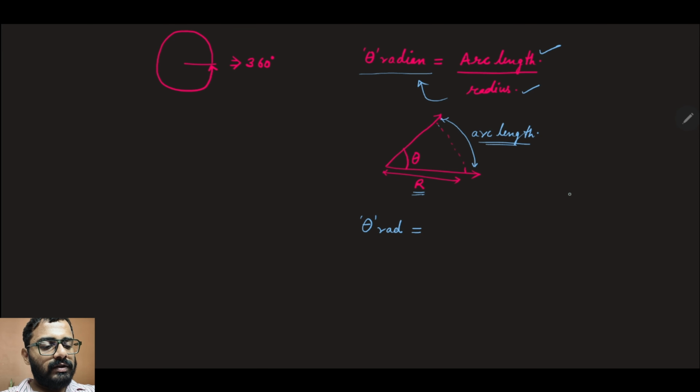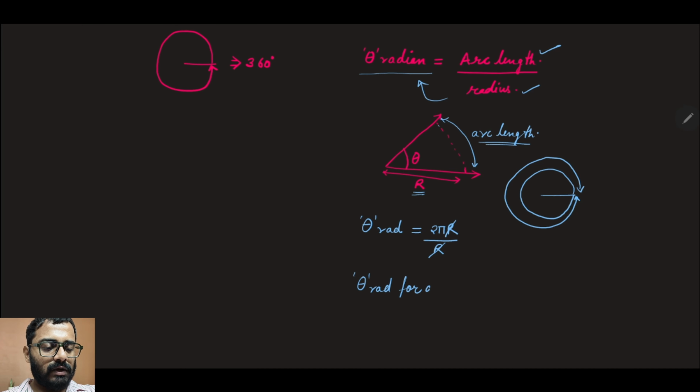If a complete circle is there, its arc length from here to here is going to be 2 pi r, divided by its radius, which is r only, so these r will get cancelled, and theta in radian for a complete circle is equal to 2 pi.